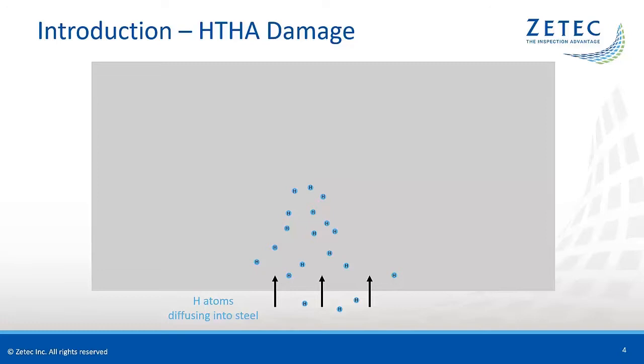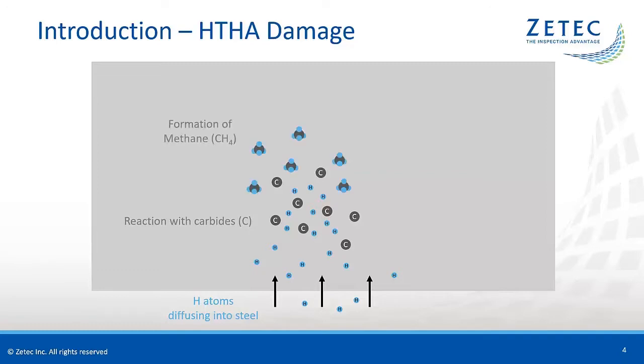Under certain conditions, hydrogen atoms will diffuse through the exposed steel, and within the metal, the hydrogen will react with carbides to form methane gas. The methane molecules are larger than the hydrogen atoms and therefore cannot diffuse through the steel. The methane accumulates in voids at grain boundaries, and this eventually leads to fissures and cracking.